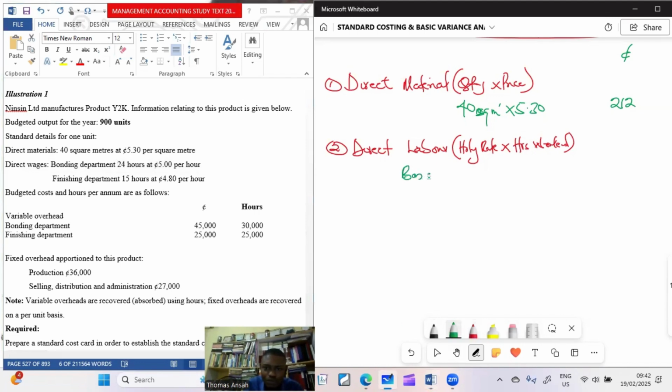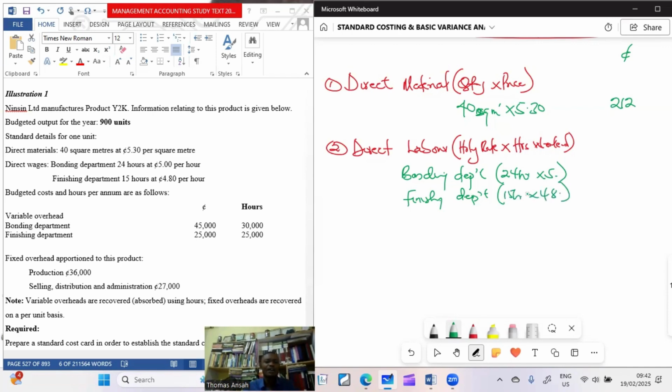We have the bonding process, the bonding department, which will take you 24 hours, multiplying 5. And it will also go through a finishing department. And the finishing department, to look at what you have, you will need 15 hours and it is priced at 4.8.